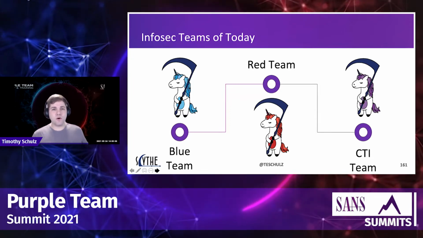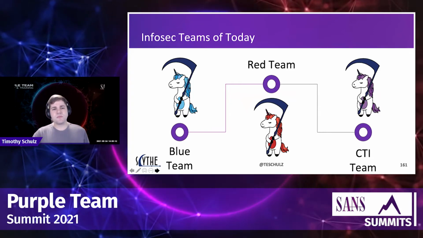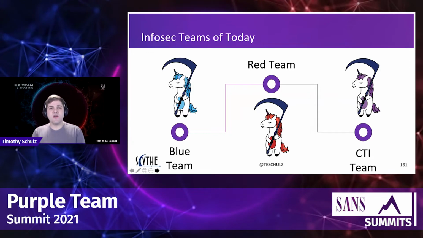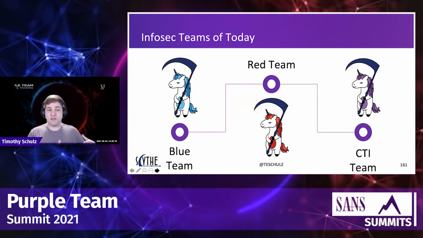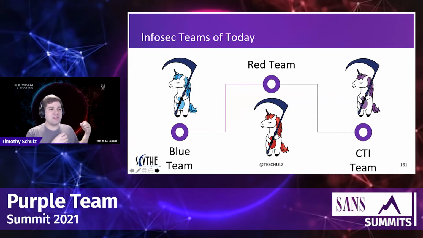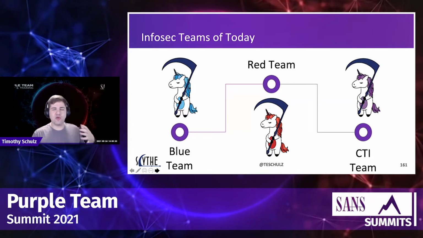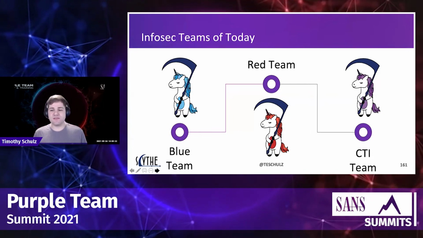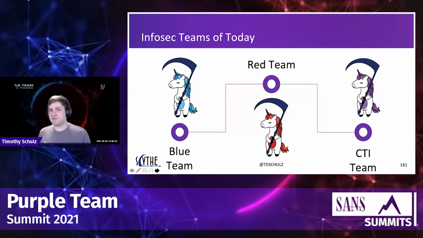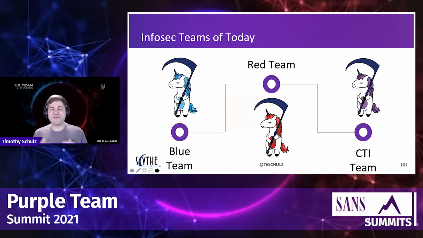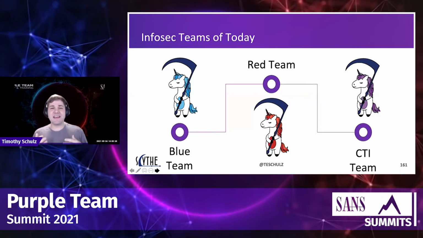But overall, the focus has been purely on the defense of the organization. When we move over to red teams, they are sort of in their own silo. They are building cool attacks, and they're trying to come up with the latest and greatest bypasses to our new defensive technologies and EDR.